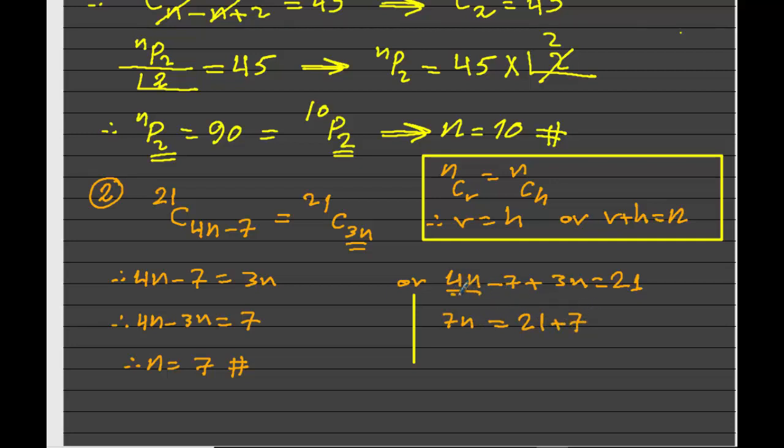Again, 4n plus 3n equals 7n, equals 21 plus 7. Okay, so 7n equals 28. And now n equals 28 divided by 7, which equals 4. So n equals 7 or n equals 4, and we have two solutions.